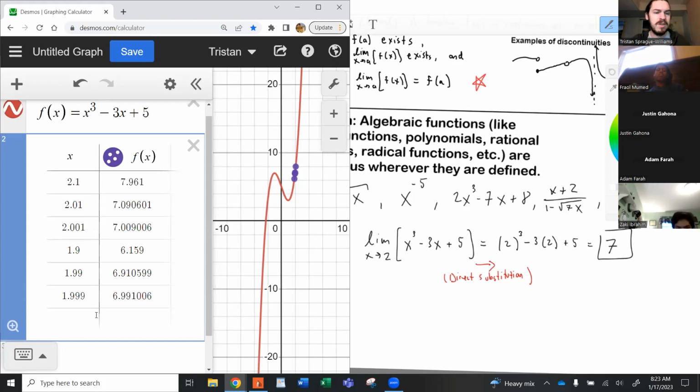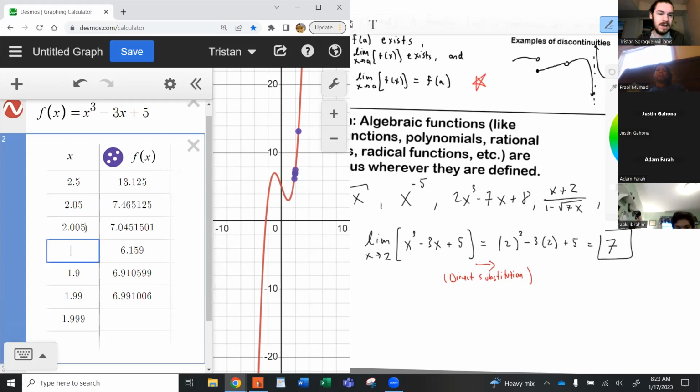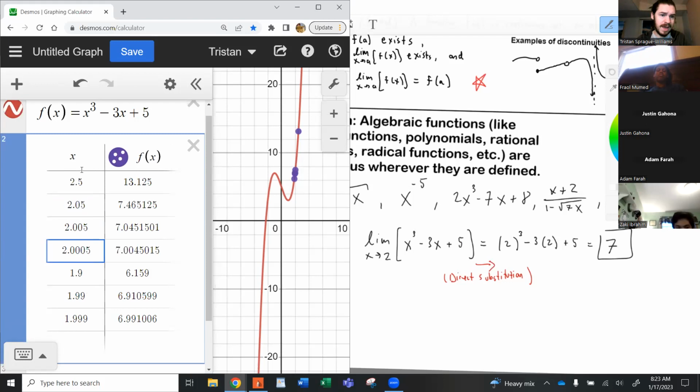That's the pattern you're seeing. That is a way to do it, but you don't have to do it this way. We could do it like 2.5, 2.05, 2.005, 2.0005. It doesn't really matter exactly what the numbers are as long as they are getting closer and closer to whatever the limit value is, and ideally by orders of magnitude.